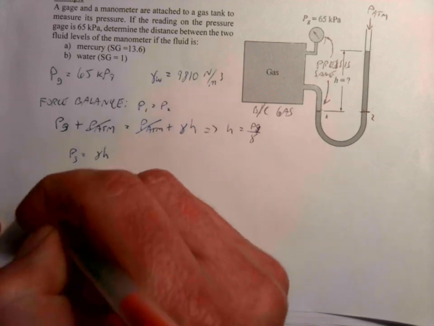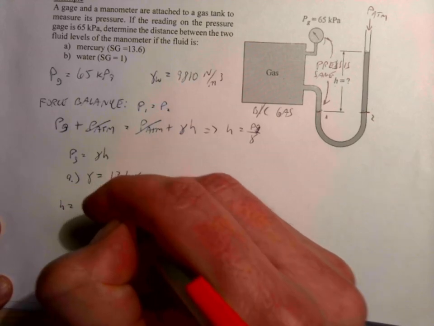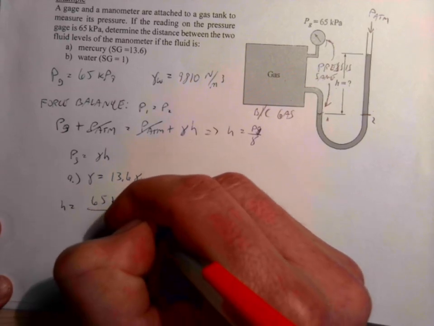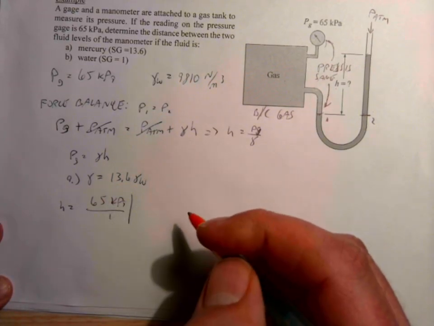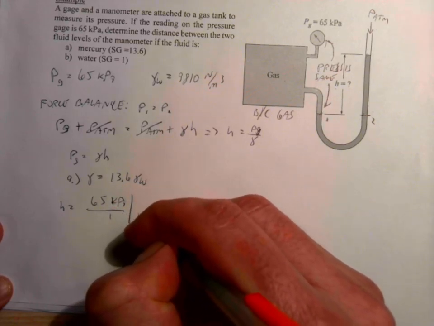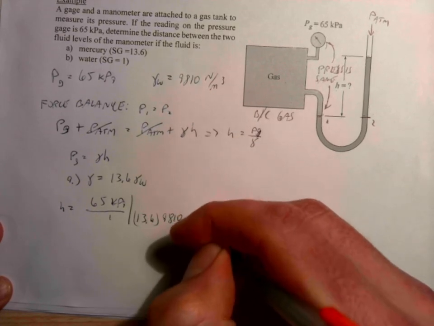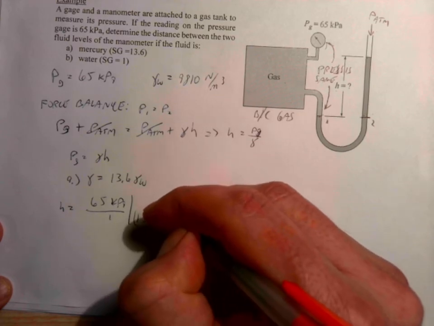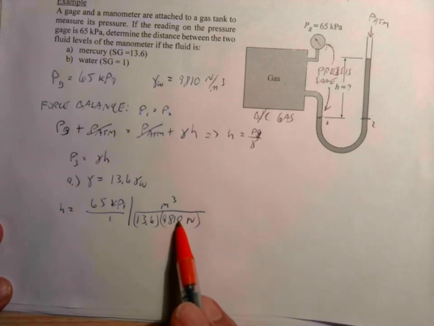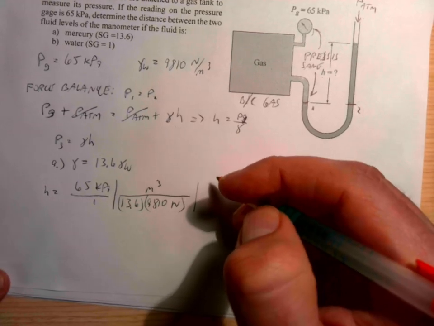Okay, and so H here then is just going to be the pressure, which is 65 kilopascals, divided by gamma, which we said is 13.6 times gamma water, which is 9810 newtons per cubic meter. And since it's in the bottom, the meters cubed goes up to the top, and so then we need to do the unit conversions here.